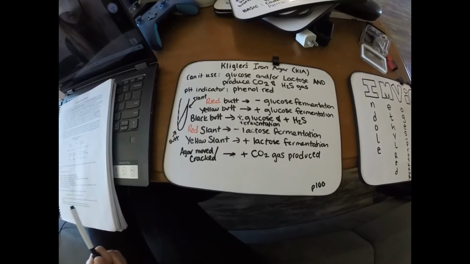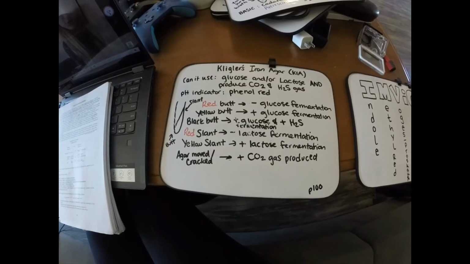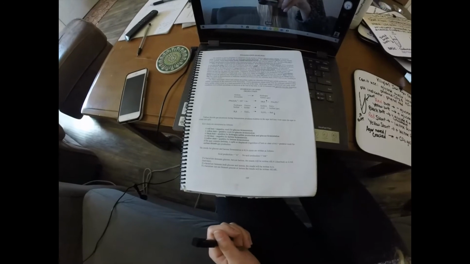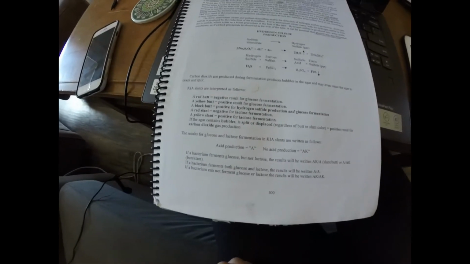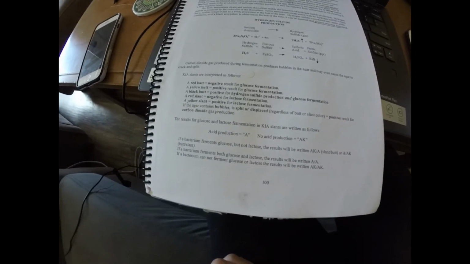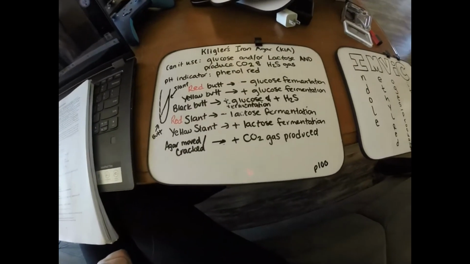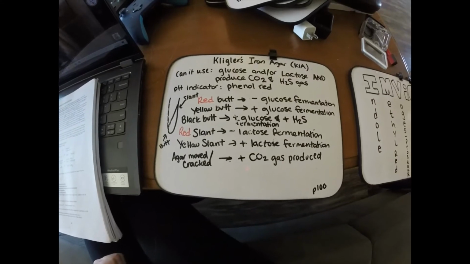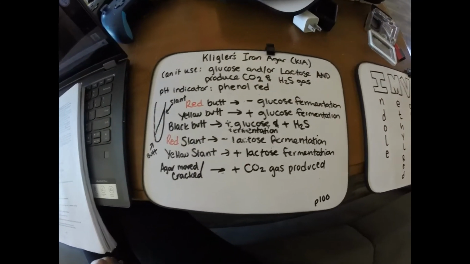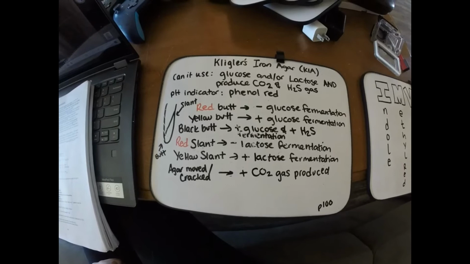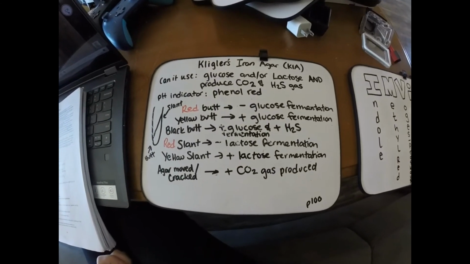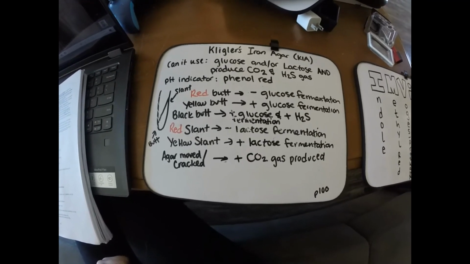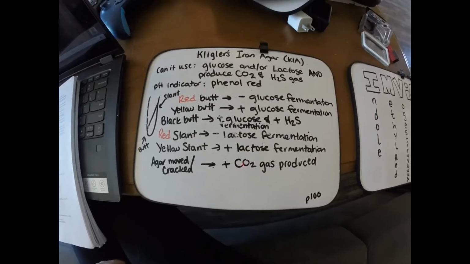And there is a nice, on the bottom of page 100, you can actually go over to it. Here's page 100. There's a nice little table right there that I've also drawn out here. Okay? So from this test, you can actually learn a lot of different things. You can learn if your bacteria can ferment glucose and or lactose, and if it's producing CO2 or hydrogen sulfide gas.